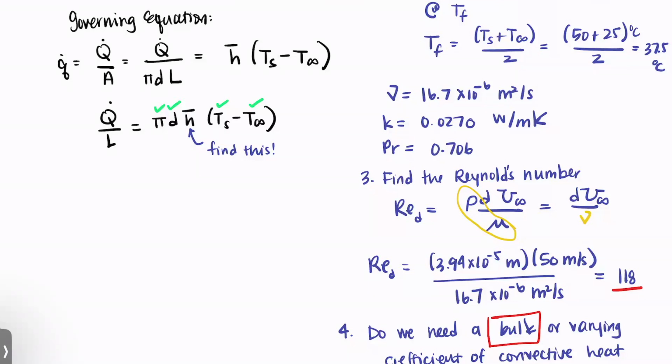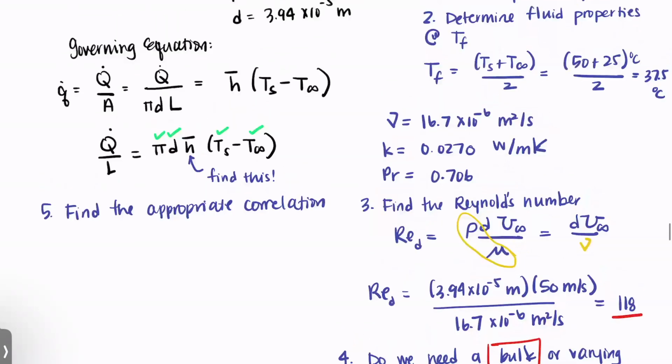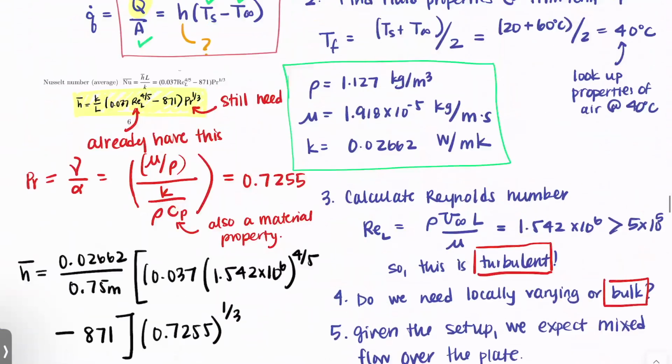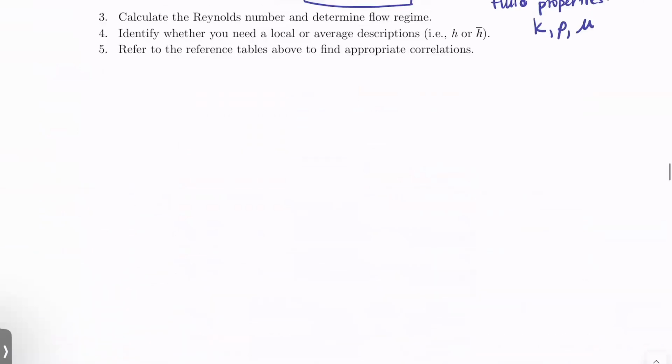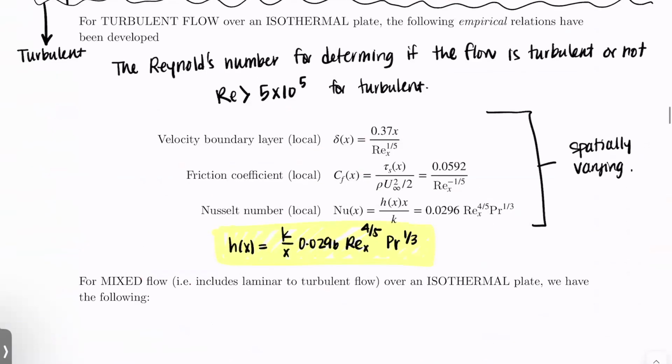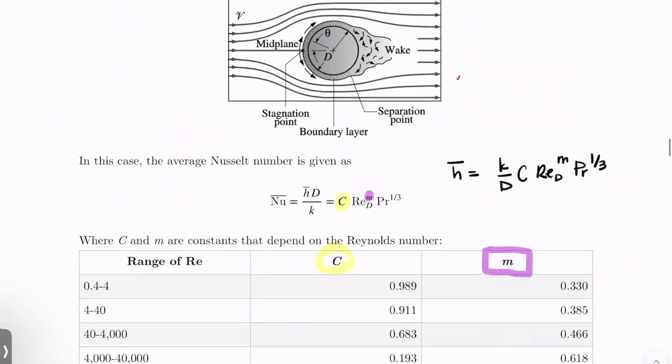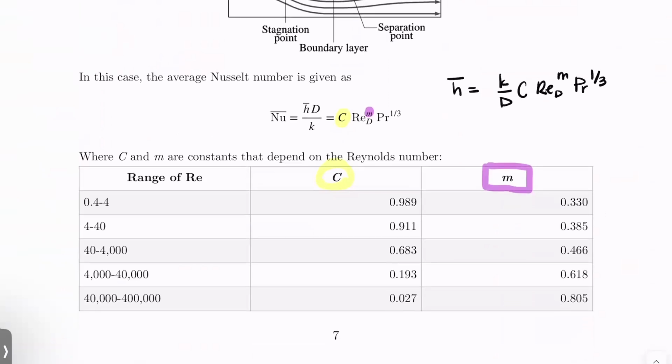All right, so now we're going to find the correlation we need. So I am going to go back to find our correlations for cylinders that are isothermal, which is right here.